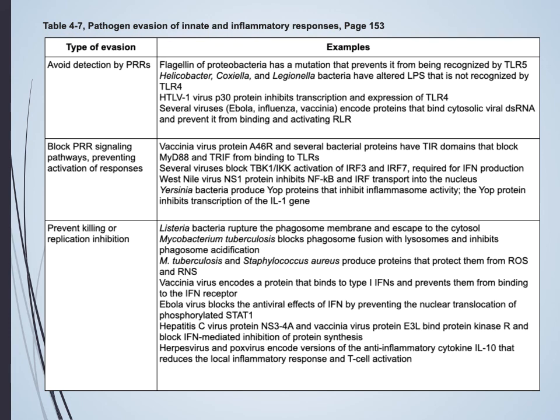We can also block pattern recognition receptor signaling pathways, and that's going to prevent activation of the response. And then we can also prevent killing or the inhibition of replication. And so this one's probably the most widely understood because the process of phagocytosis is well studied. And so this can be where a microbe can produce a neutralizing component against the digestive enzymes that are going to be produced by the lysosome, or it could prevent the fusion of the lysosome and the phagosome, so we don't get that.